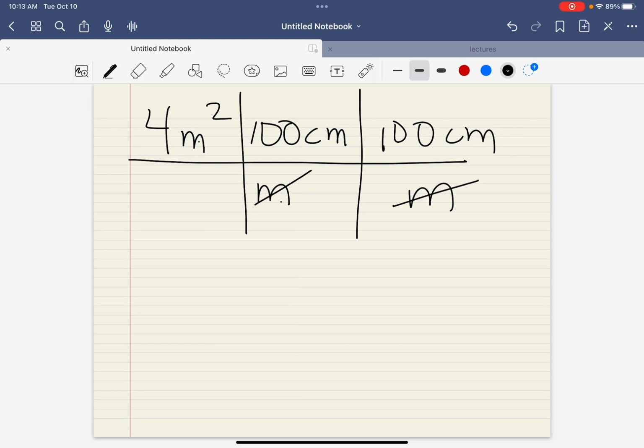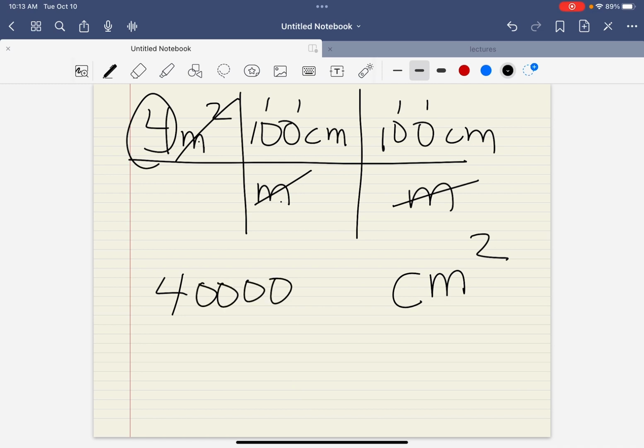Now this cancels. We're left with square centimeters. And because all of these are powers of 10, we're just going to count the zeros again. 1, 2, 3, 4. We're multiplying, so we're going to make this number bigger, which means we move the decimal to the right. So it's just going to be 4 with 1, 2, 3, 4 zeros.